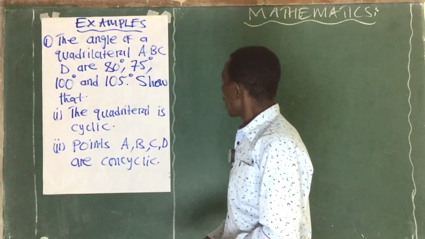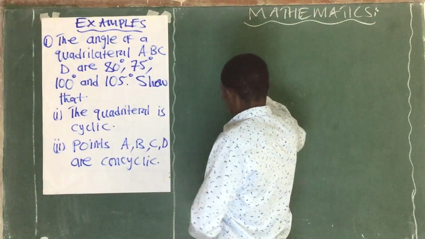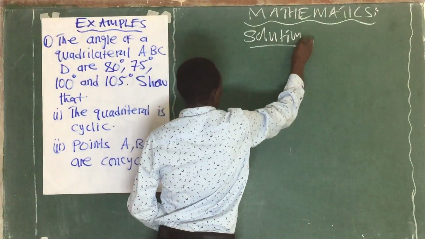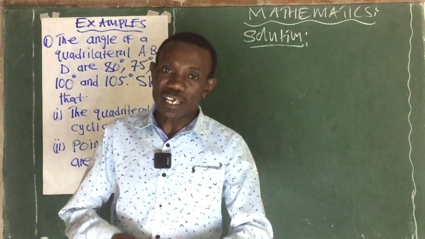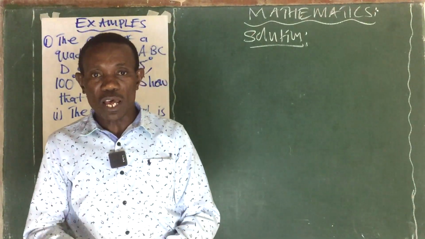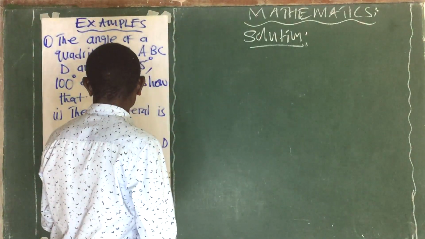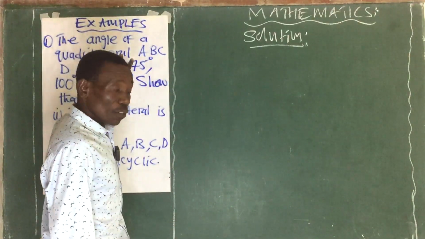Now, as I mentioned, when solving geometric problems, the first thing you should do is produce a diagram that can guide you. So in this case, we are going to draw the diagram first, representing the information in this chart.